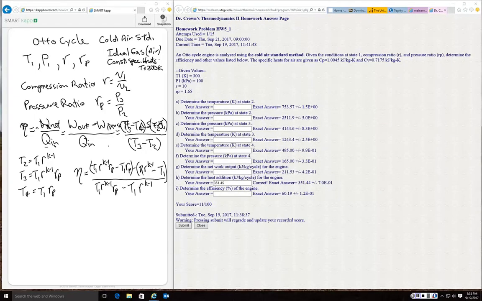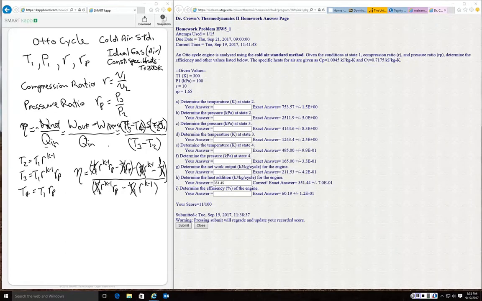So now everything's in terms of T1 and RP and r to the k minus 1. Now we see that every single term has T1 in it, so we can divide the numerator and the denominator by T1, and this becomes a 1. So the efficiency is actually not a function of T1.